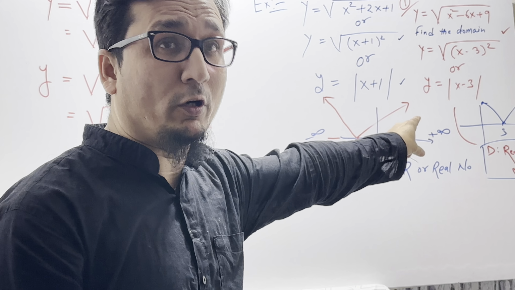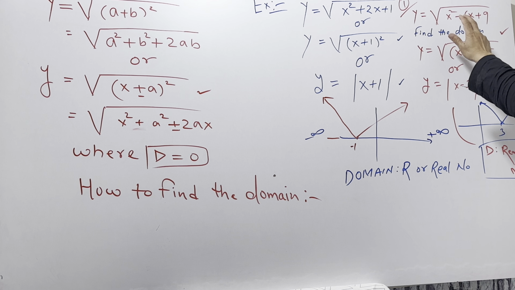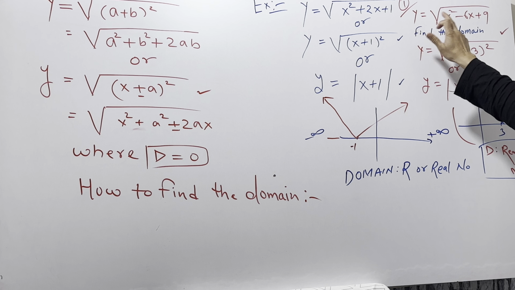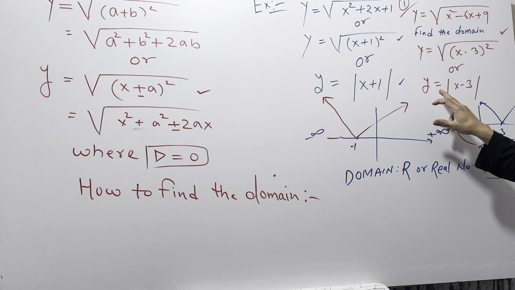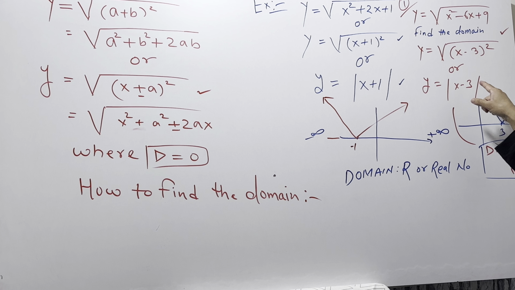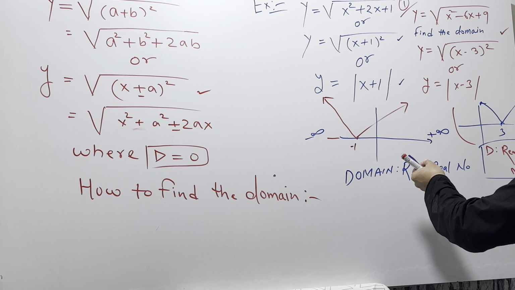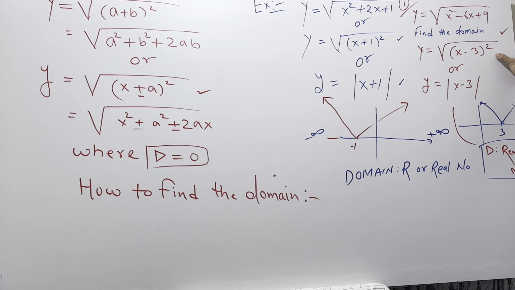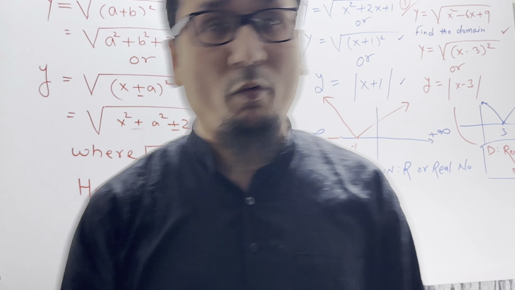That means if you have a quadratic under a square root and it can be written in square form, then the graph is the same as the graph of the absolute function, shifted to the right or left. So this one and this one are the same. So whenever you have any modulus function, the domain is always the real numbers.